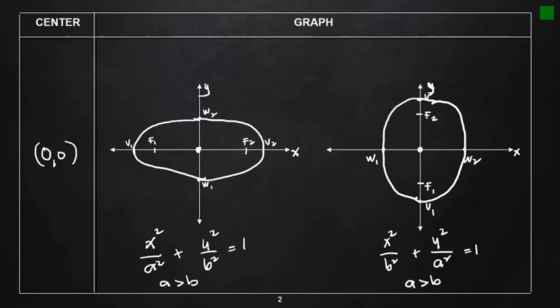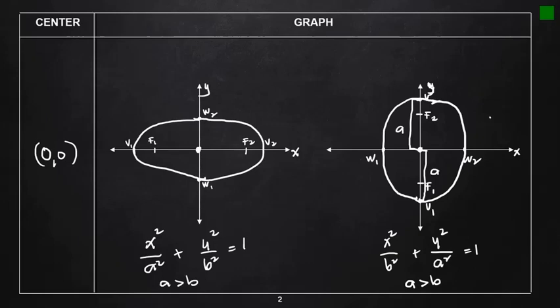Since a is the distance from the center to any of our vertices, a is this point up to here, this is a, and this is also a. In this second graph, the a is below the y.